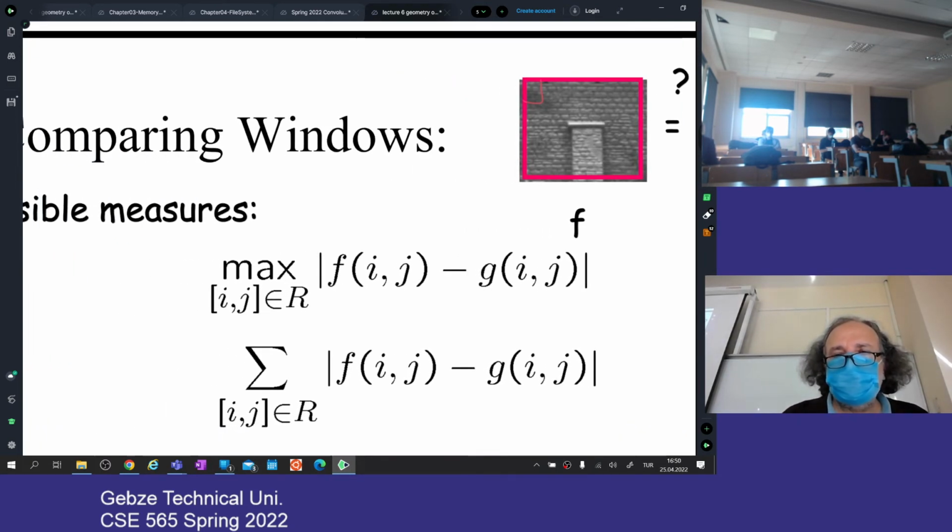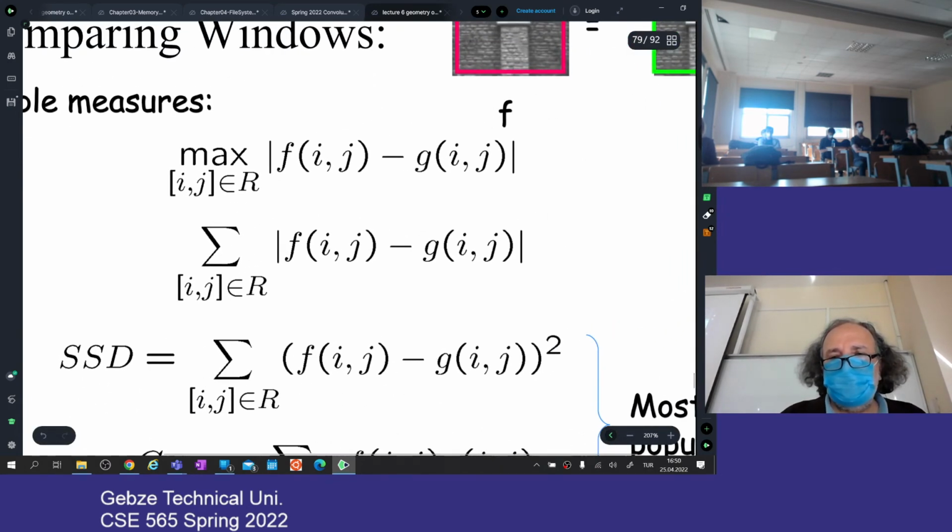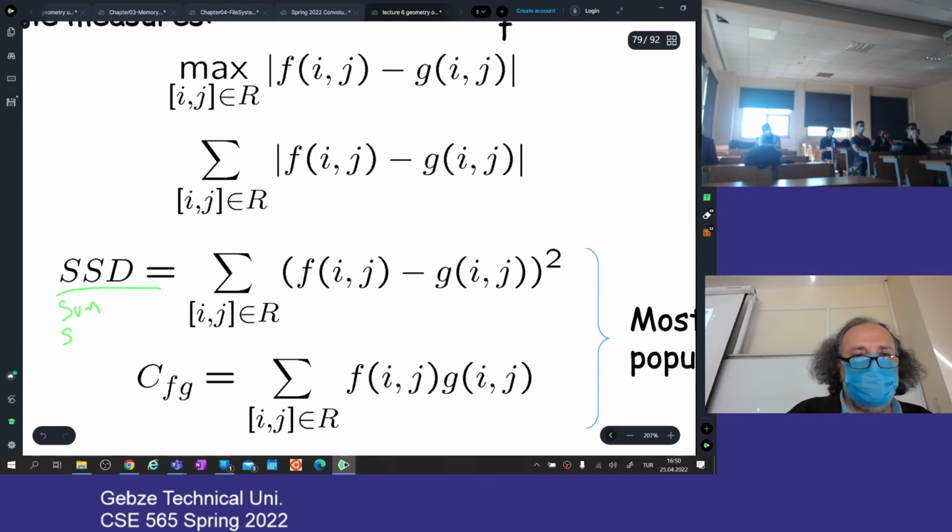Okay, good. Or somebody else says this: subtract all of those, take the squares of it and add them together. This one is called SSD, sum of squared differences.